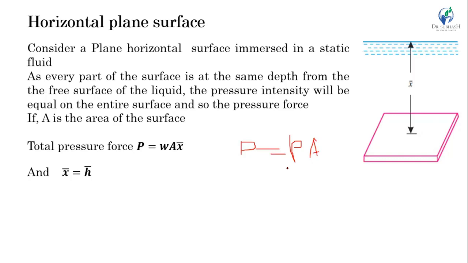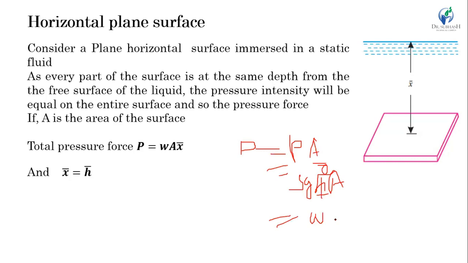And the small p, according to the hydrostatic law, is equal to rho g h times area. Here h is the distance from the free surface of liquid. Here we have taken h as x bar. So we get the equation, and rho g is nothing but the specific weight.